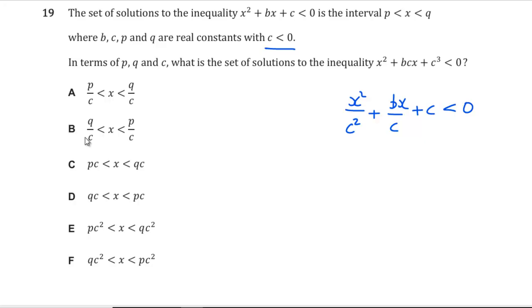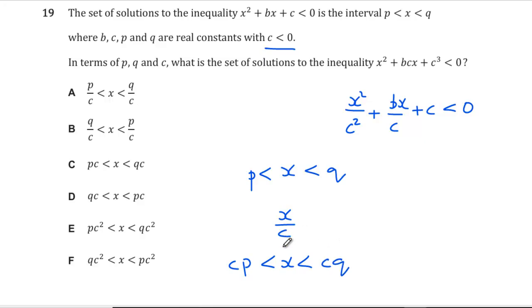So this is just taking x to x over c. So I've got that x is between those. So x over c instead. So I'm going to have a cp and a cq. So x will be between cp and cq.